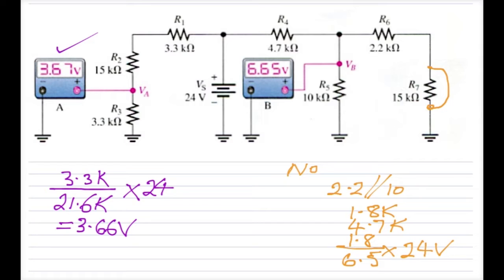I actually get 6.6 volts. So in fact, it's very possible that the 15K resistor could have gone short circuit. That would balance out the circuit and give us the 6.65 volts that we do have here.